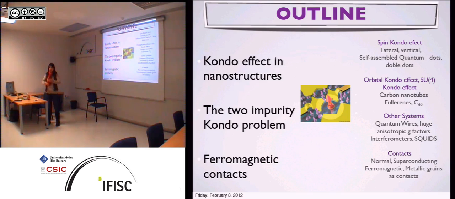So by properly tuning the interdot tunneling amplitude, the exchange field generated by the polarization can be compensated only in the parallel case, because in the anti-parallel case, the two magnetic fields are anti-aligned. So the antiferromagnetic spin interaction cancels the effective field from the ferromagnetic contact, but only in the parallel case.